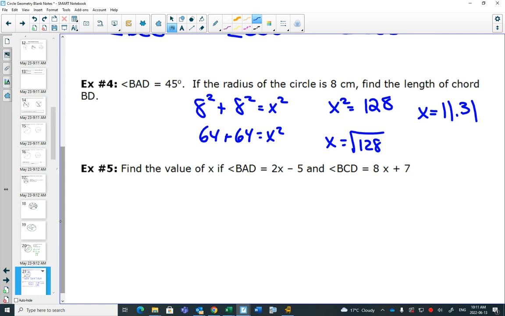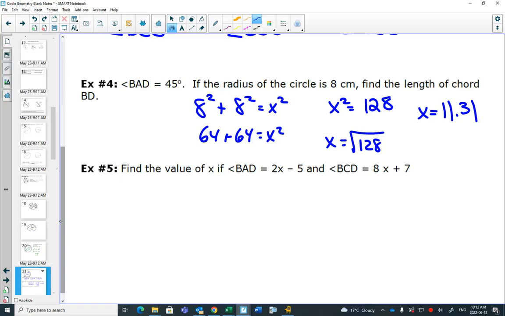What's the relationship between the 2x minus 5 and the 8x plus 7? Are they equal to each other?